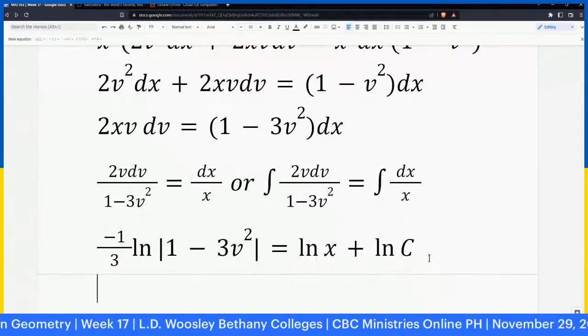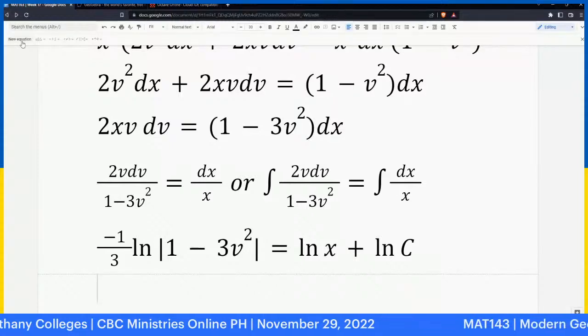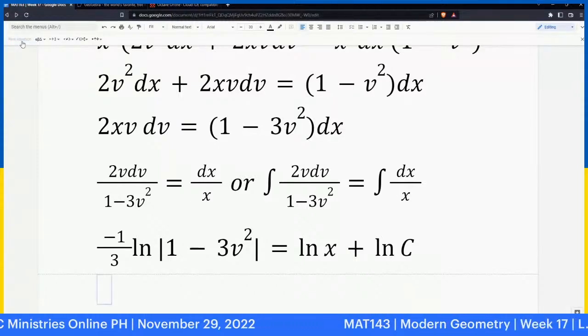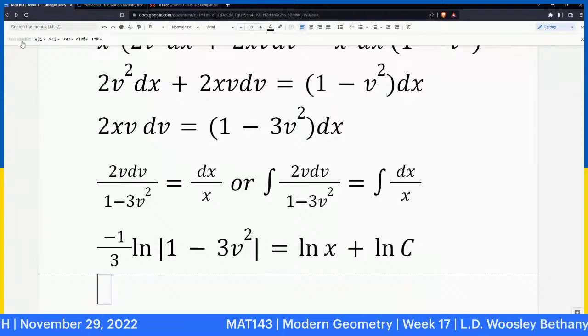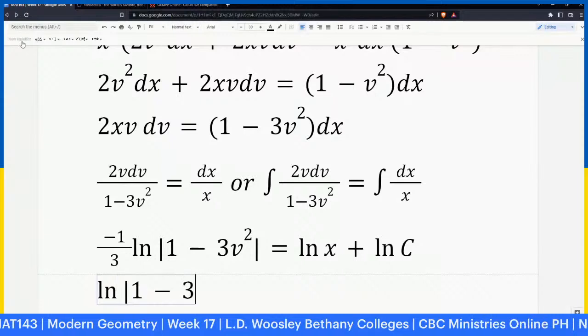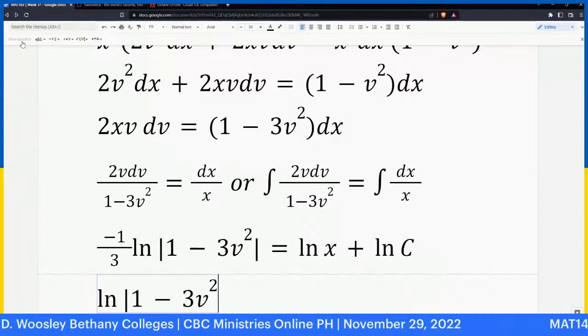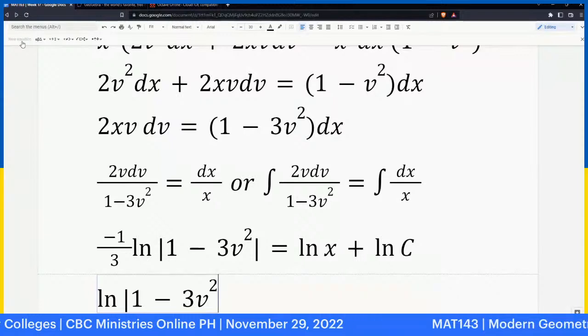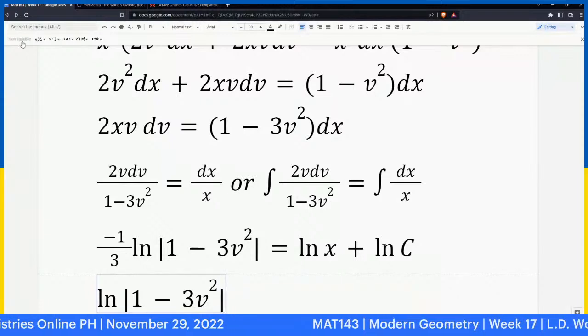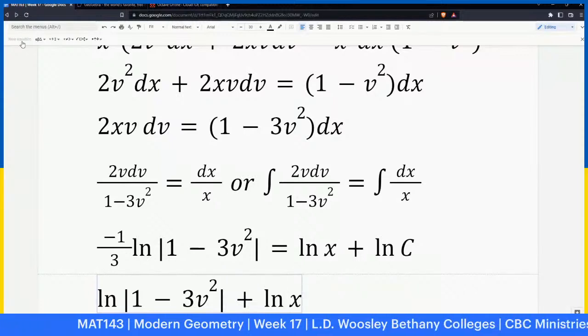So what you will have here, multiplying both sides by negative 3. So magiging positive ln of 1 minus 3b squared. Okay? So yung negative ni ln of x, itatranspose ko sa kabila, magiging positive ln of x.